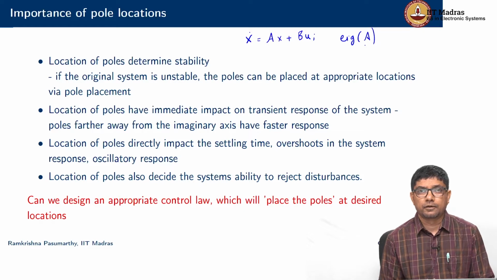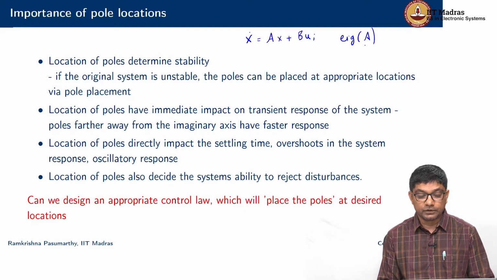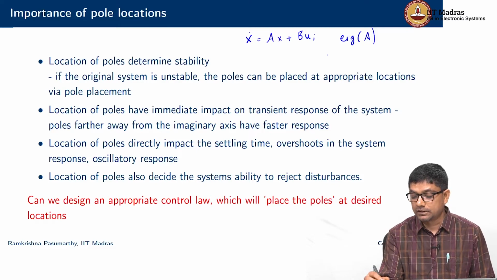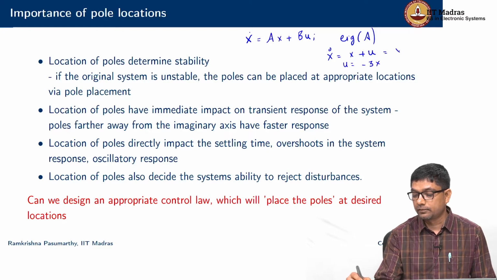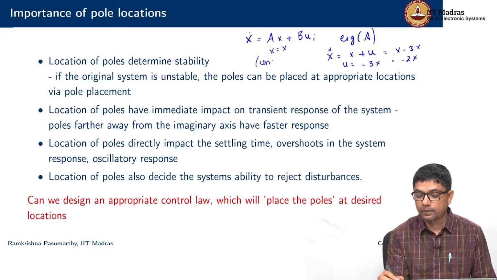So, poles determine stability. If the original system is unstable, say I have a system of the form x dot equal to x plus u, and I have a u which is equal to say minus 3x, then x dot will become x minus 3x, this is minus 2x. So, the original system was x dot equal to x, which was unstable.